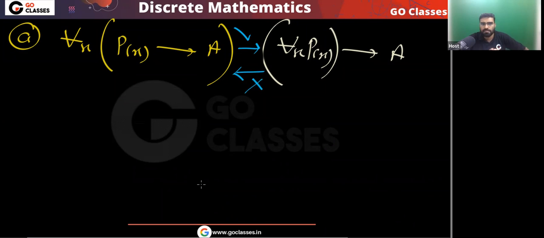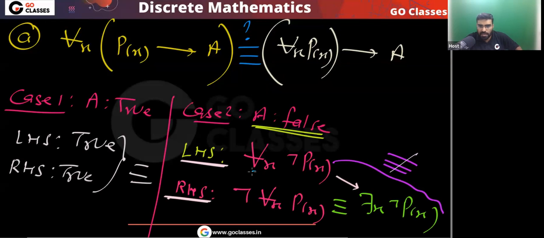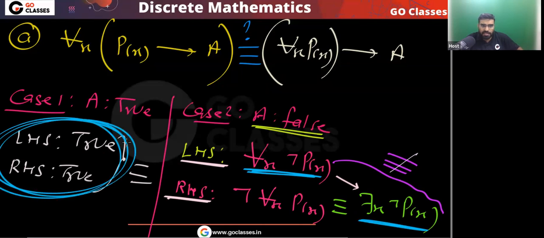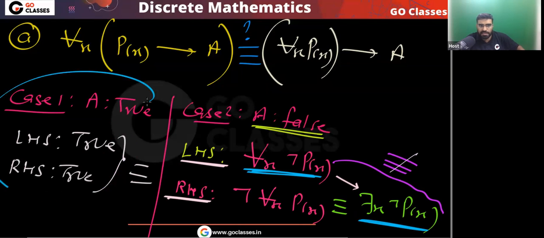Understood? Is this point clear? See, very simple. This LHS implies RHS, right? In the earlier case they are equivalent, so you don't have to worry. But in this case, you can easily notice that LHS implies RHS.